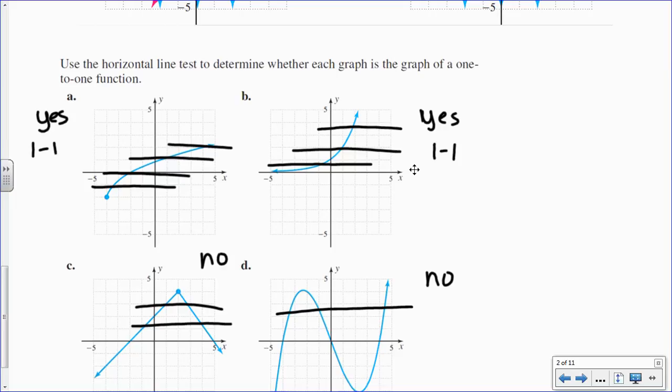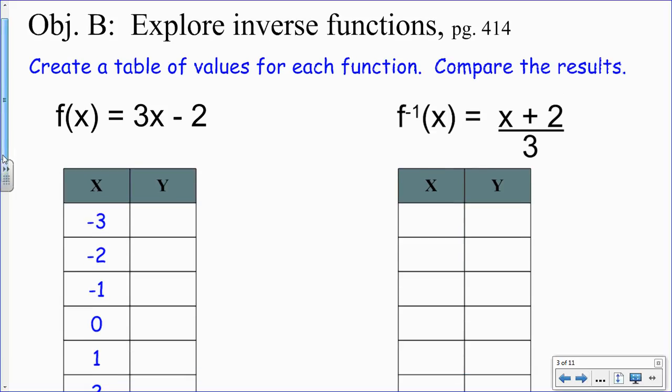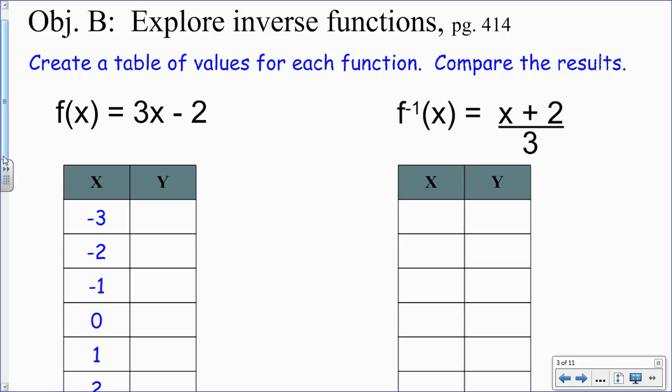All right. So let's talk a little bit about inverse functions. So I have f of x, and then I have its inverse, f inverse of x. So we'll talk more about that notation here in just a minute.